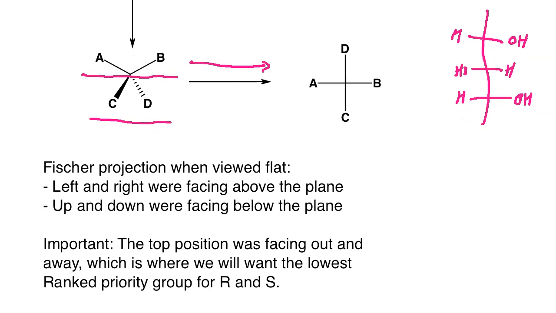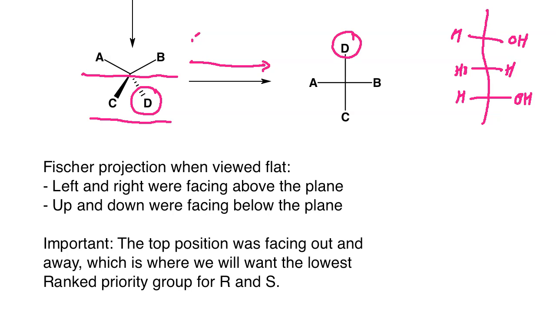All right, and the important note here is that the top position was facing out and away. So we're talking about D here. When I get to D, D is found in the up position here. And that can make it easier for many people because when we do the R and S assignment for stereochemistry, we always attempt to get the lowest priority group, rank 4, to be facing away from us.